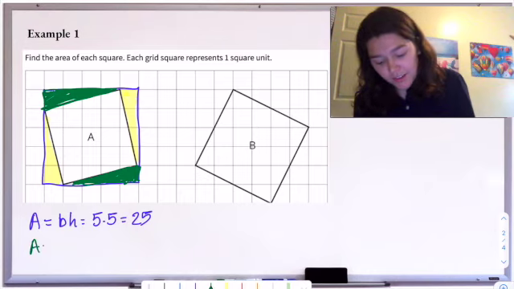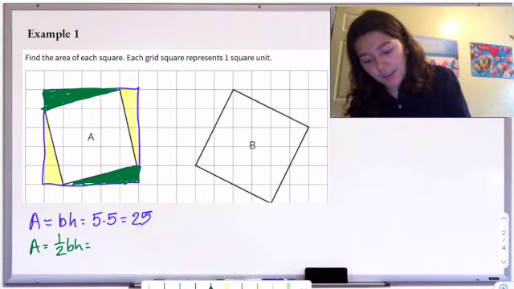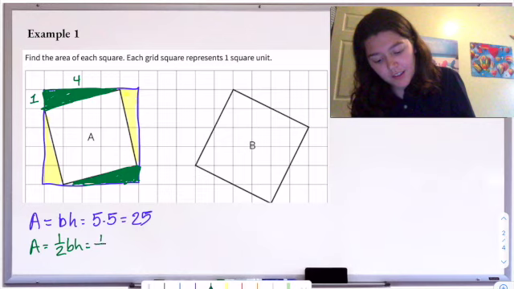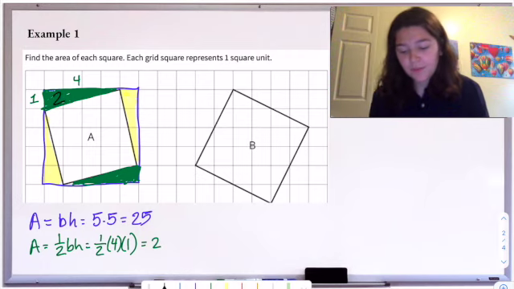To find the area of a triangle, that's 1/2 base times height. If I take this triangle, it has a base of 4, a height of 1. So the area is 1/2 times my base of 4 times 1. 1/2 times 4 is 2. So this has an area of 2.